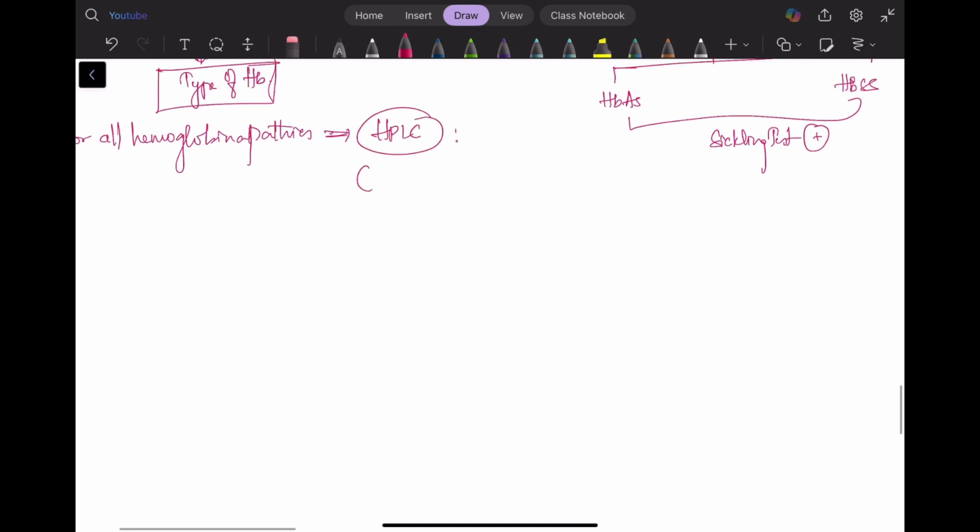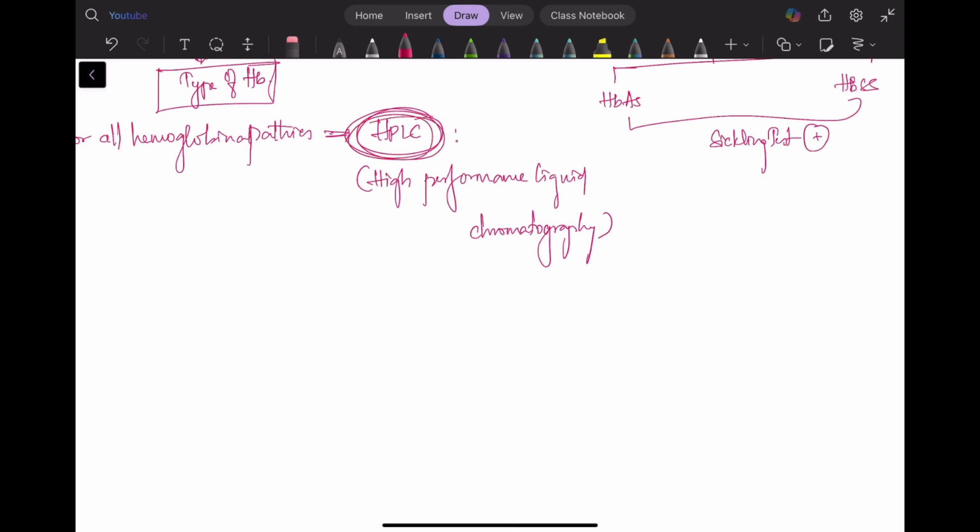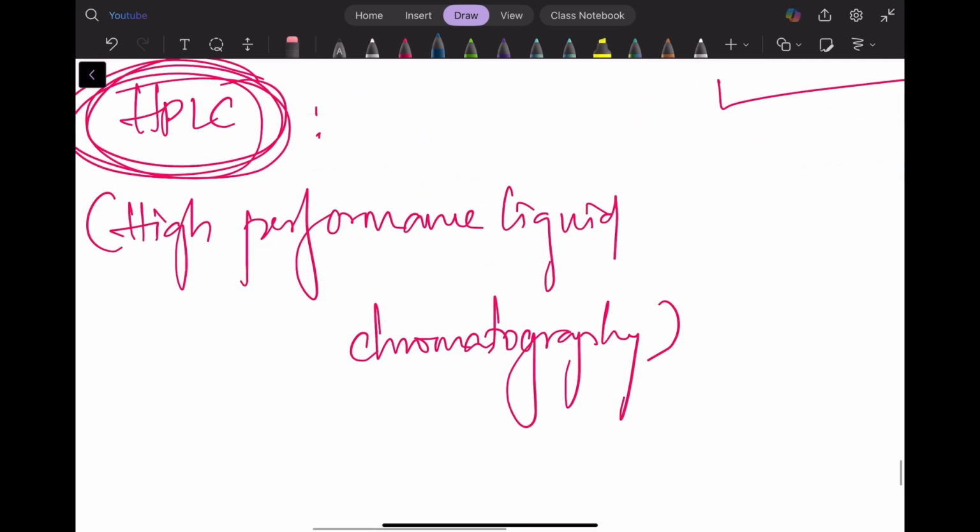HPLC. What is this HPLC? High performance liquid chromatography. Such a long name, nobody remembers it. Just remember HPLC, right? I hope that will be easier. So here what happens?